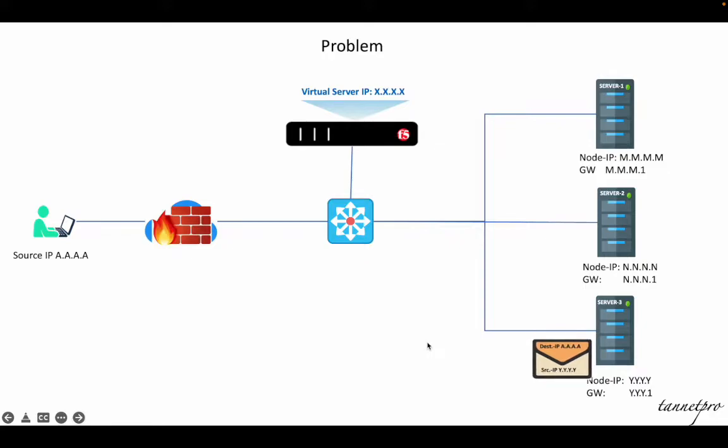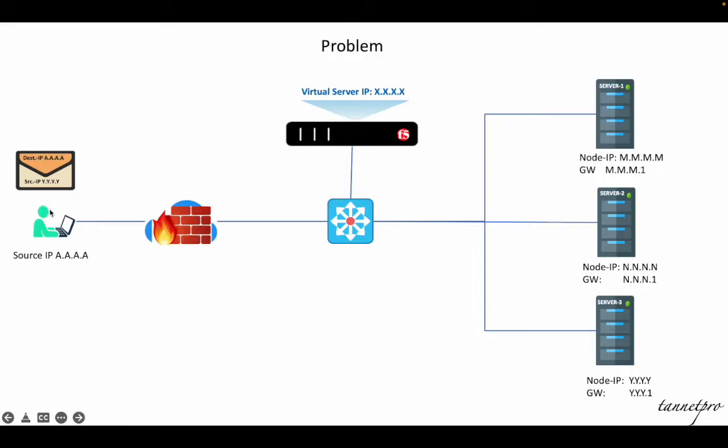Your packet will choose the same way as I explained. It will go to your source directly, without going via the virtual server or F5. In that case, your source, your client, will check the packet, right?